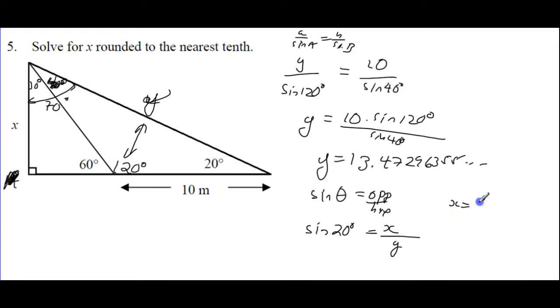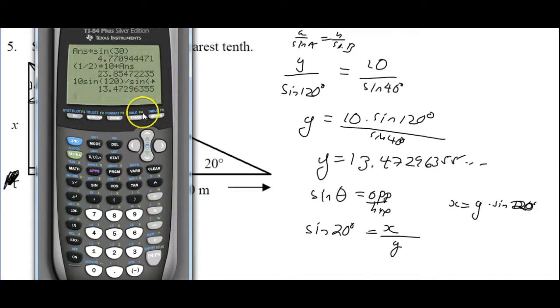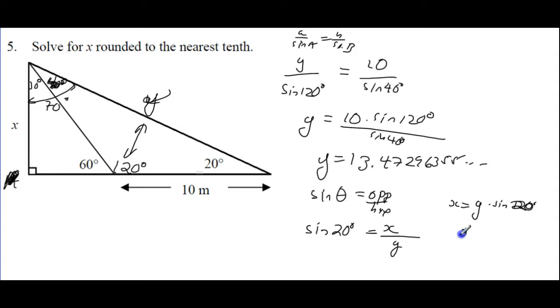So x is equal to y times the sine of 20 degrees. So this is y. So we just go times sine 20, enter, and we get x, which is 4.6, rounded to the nearest tenth. 4.6 what? Meters. So there's x, 4.6 meters.